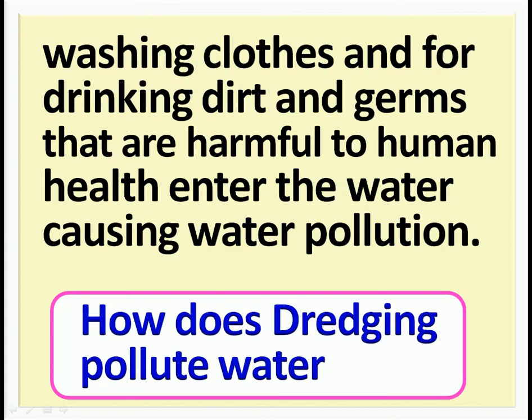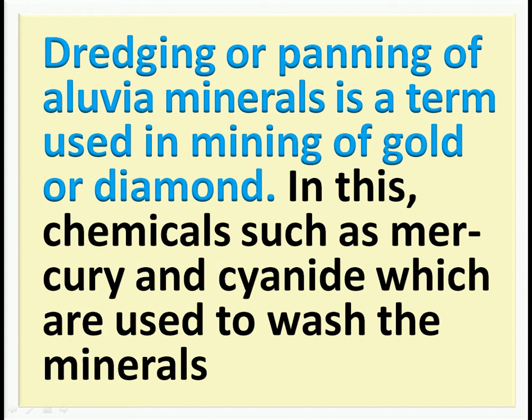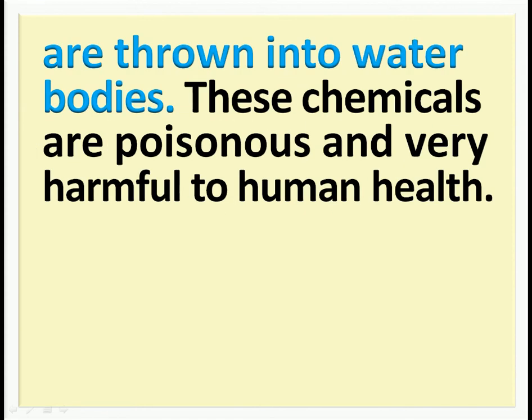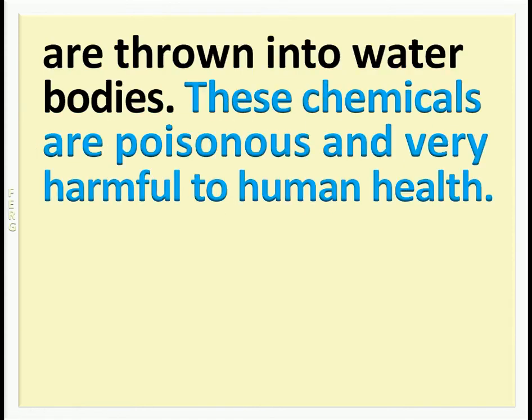Dredging. How does dredging pollute water? Dredging, or panning of alluvial minerals, is a term used in mining of gold or diamond. In this, chemicals such as mercury and cyanide, which are used to wash the minerals, are thrown into water bodies.